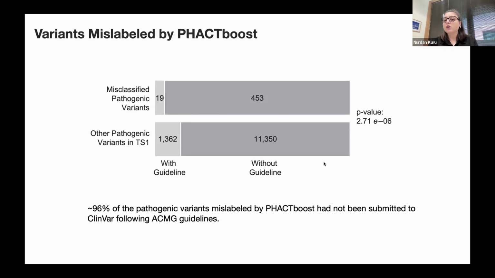We ran a chi-square test, and it came out statistically significant, which says that FACBoost misclassified the variants added to ClinVar without any guideline. So honestly, for this part we don't blame FACBoost, but we start to suspect whether there is a problem with the variants submitted without any guideline.